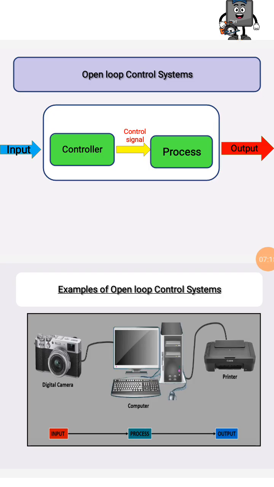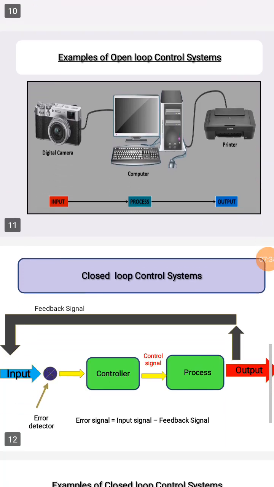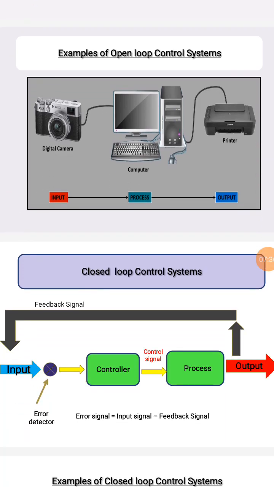The printer develops the photo, which is the desired output. Here you see there is no feedback path from the printer to the digital camera to improve the quality of the picture, so I think this is the right example for an open loop control system. Next I wish to explain the closed loop control system.